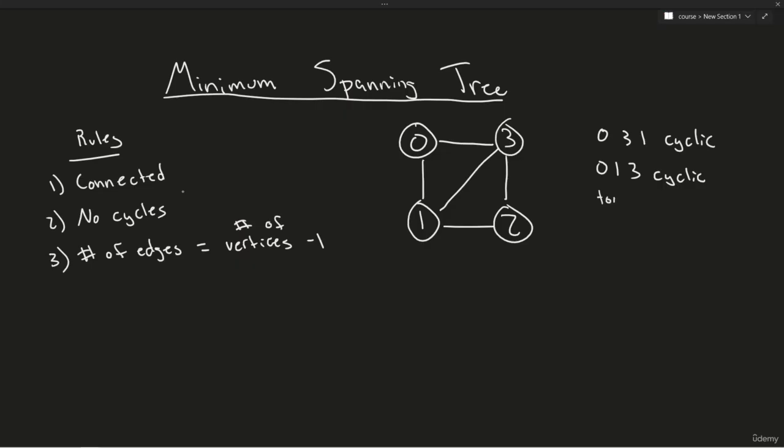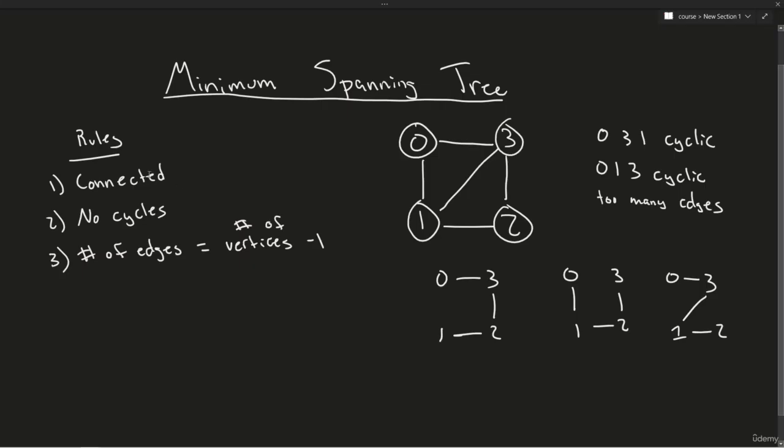So too many edges in this case as well. So for us to make this a spanning tree, we can do 0 to 3 to 2 to 1. That's a spanning tree. We can do 0 to 1 to 2 to 3. That is a spanning tree. And we can also do 0 to 3 to 1 to 2.